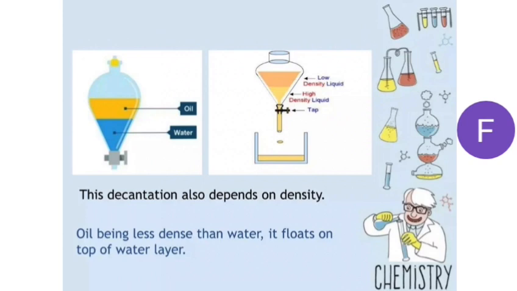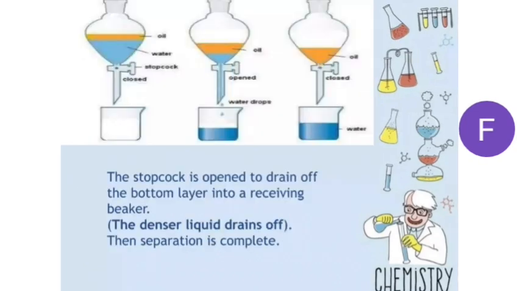Decantation also depends on density. Oil being less dense than water, it floats on top of the water layer. When decantation happens, the stopcock is opened to drain off the bottom layer into a receiving beaker. The denser liquid drains off, then separation is complete.